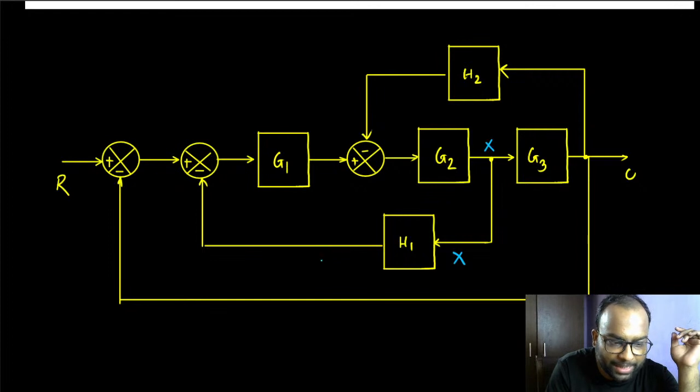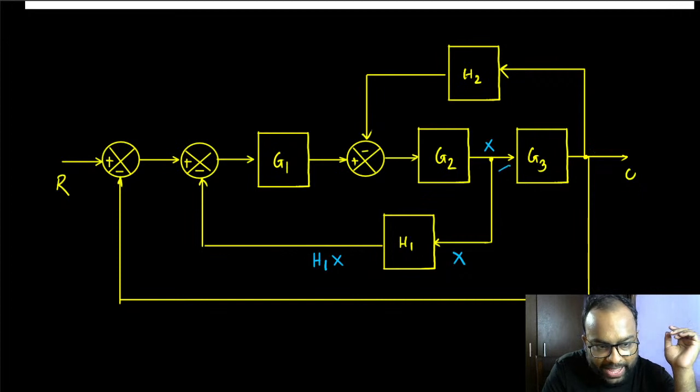So what is the signal that is coming out of this? That's going to be H1X. If X is the signal that's going in, then H1X is the signal that's going out. Right? Now, thing is, what is the signal that is appearing here? If this is X, what is then the signal here? The signal here is G3X.